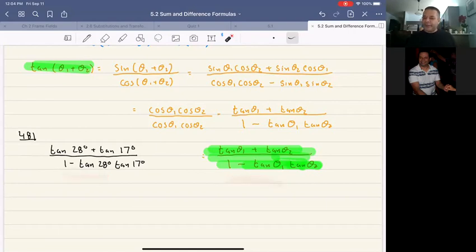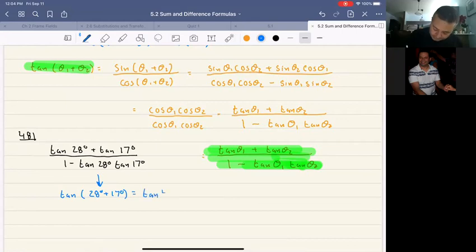Theta 1 is 28, theta 2 is 17. So this equals tangent of 28 degrees plus 17 degrees, which is tangent of 45 degrees, which is, of course, 1. All right, I'll see you in the next video.